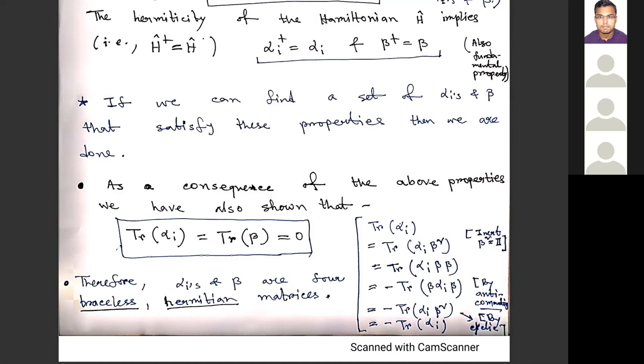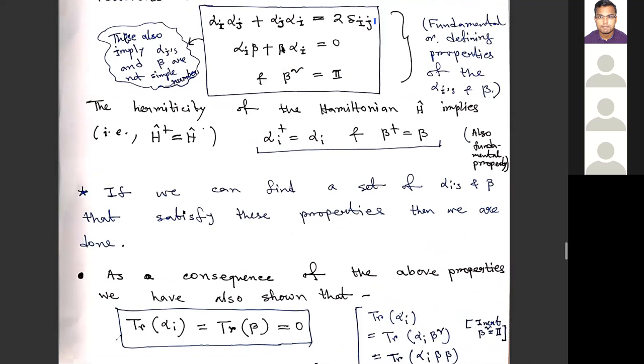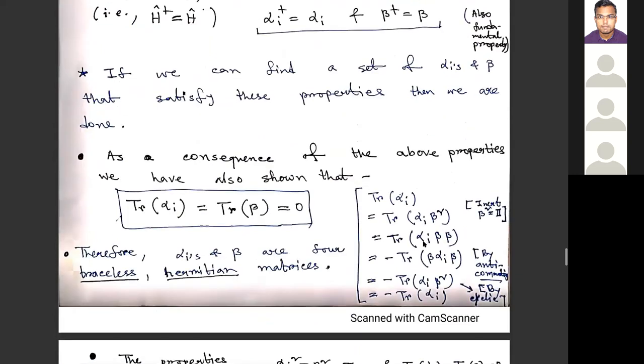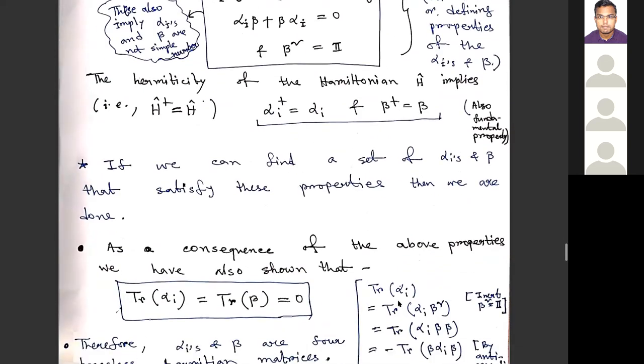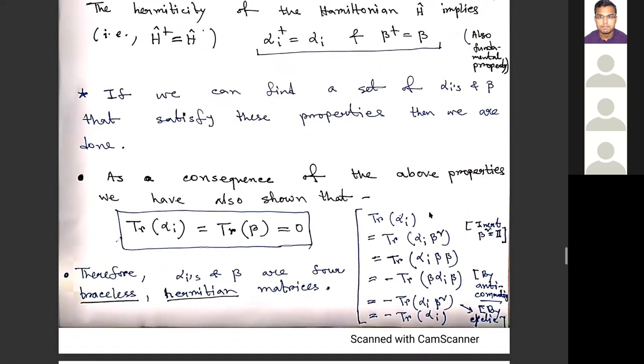There will be a minus sign because alpha and beta anti-commute. So alpha I beta is equivalent to minus beta alpha I. I use this anti-commutation relation here, so there is the minus sign. So the trace of alpha I then becomes minus the trace of beta alpha I beta.